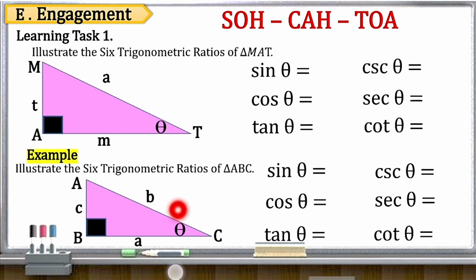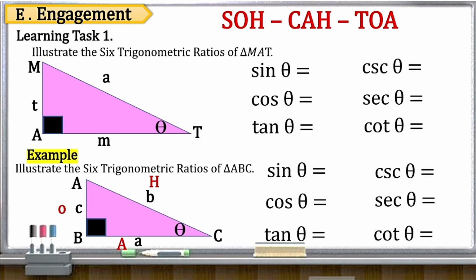At sa tapat nito, dito natin makikita yung ating opposite side. At yung pinakamahabang side ng right triangle, sa tapat class ng right angle natin, nandito naman yung ating hypotenuse. At yung nasa baba naman, yun yung ating magiging adjacent side.